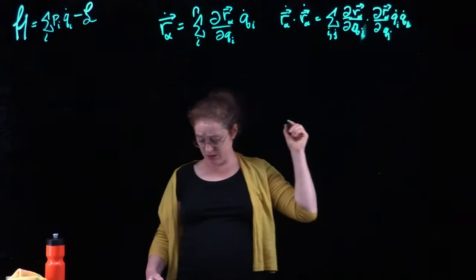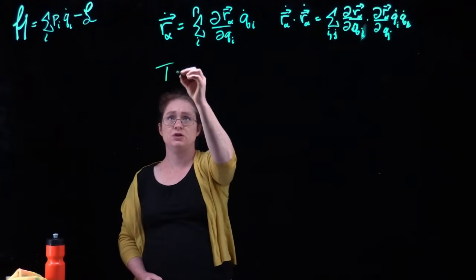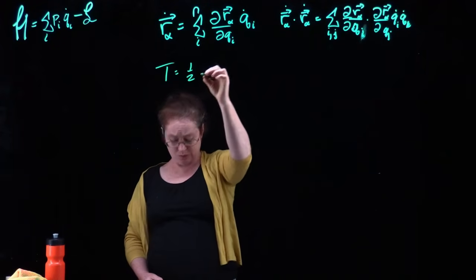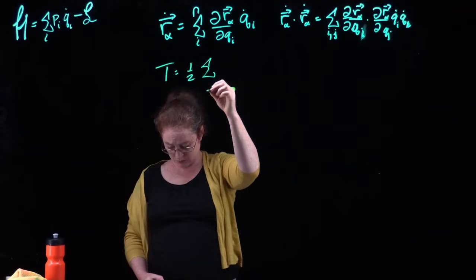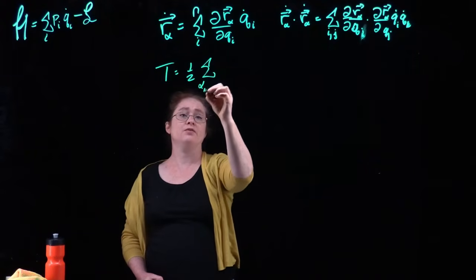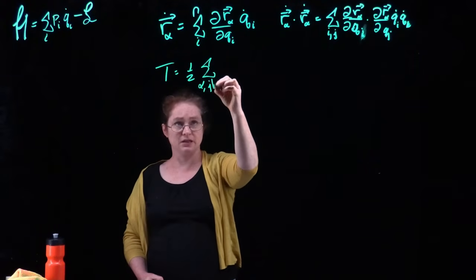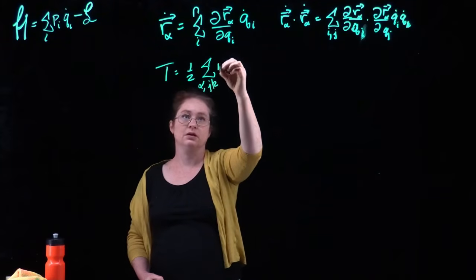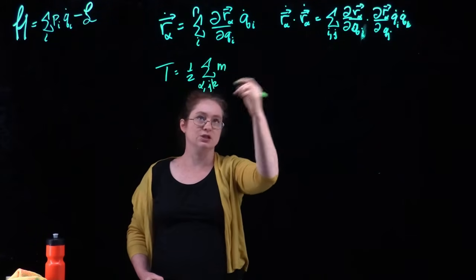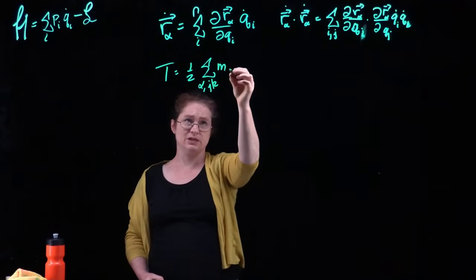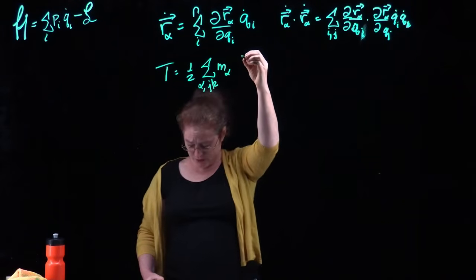So then my kinetic energy is 1/2 the sum over alpha, j, and k. I don't know why I switched from i and j to j and k there, but my notes do it, so I will do it too.